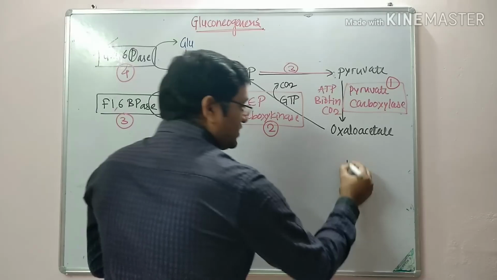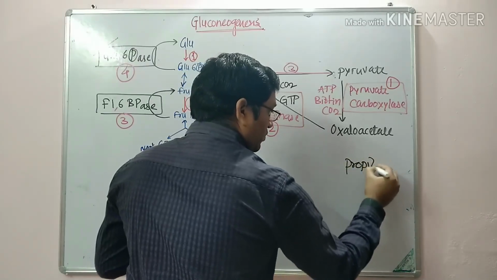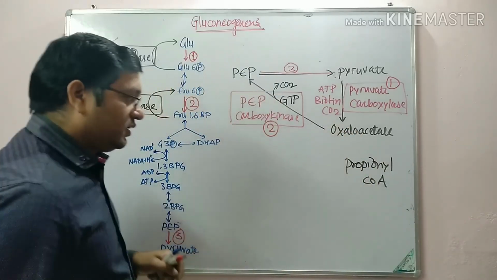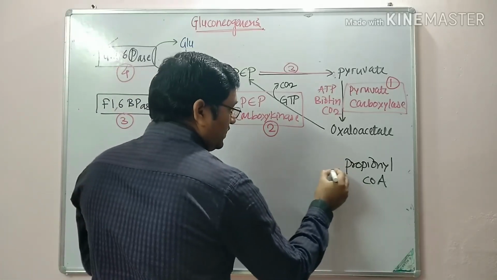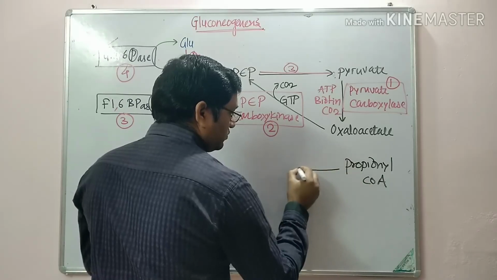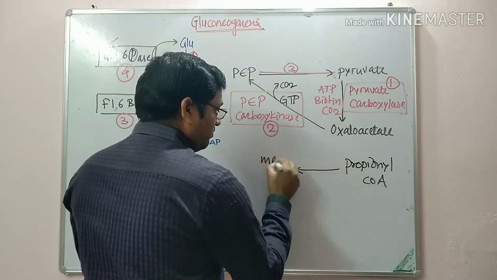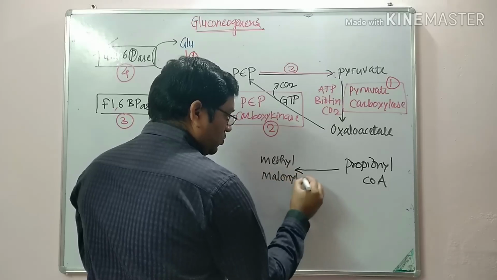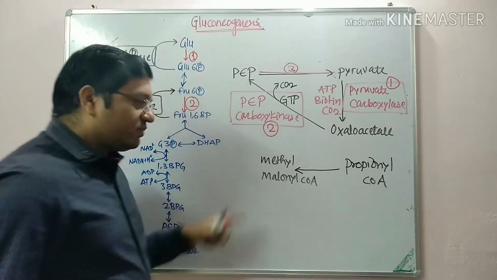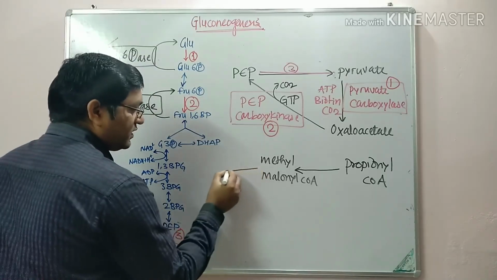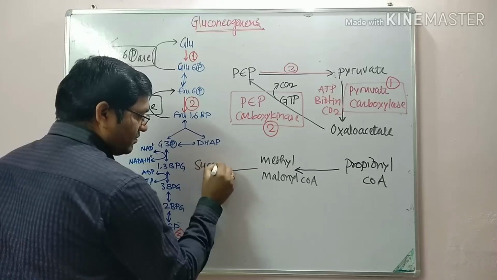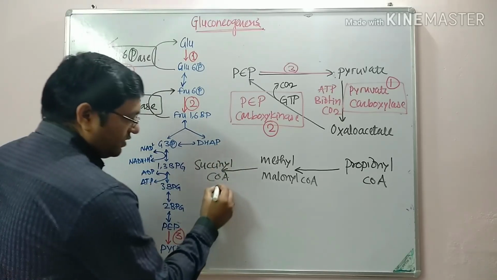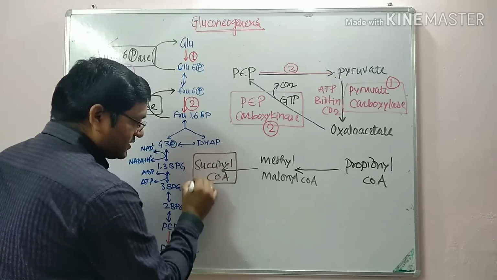The propionyl coenzyme A is converted into methylmalonyl coenzyme A, and this methylmalonyl coenzyme A is converted into succinyl coenzyme A, which is an intermediate in the TCA cycle.